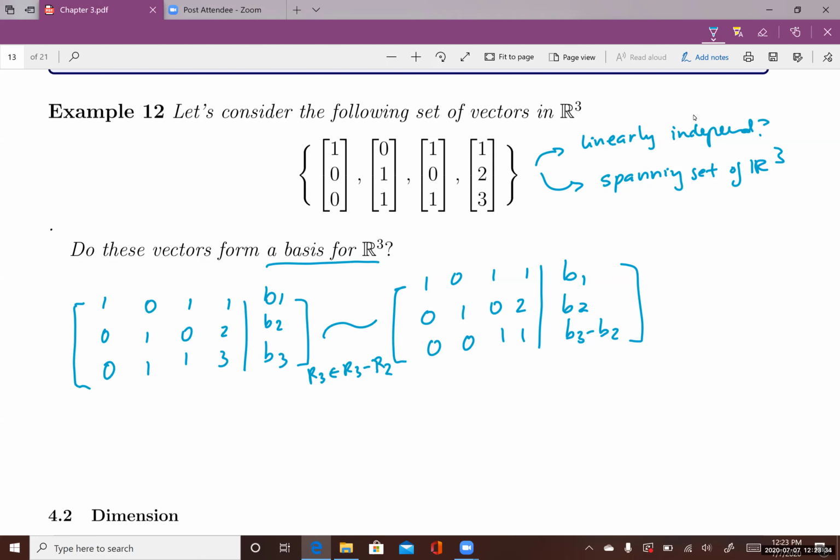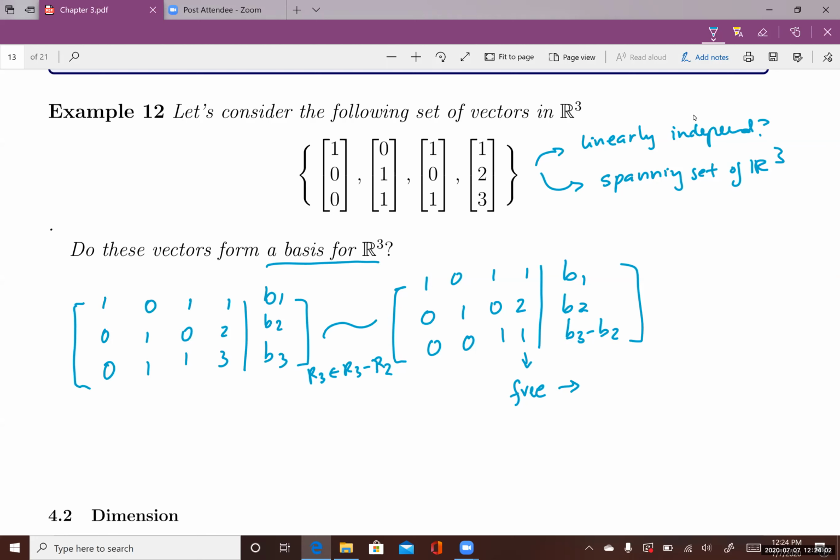By the definition, that means we can stop here for now to evaluate this system. So we know that this is a free variable. That means the system, and we don't have any zero row with a non-zero entry on the right side.